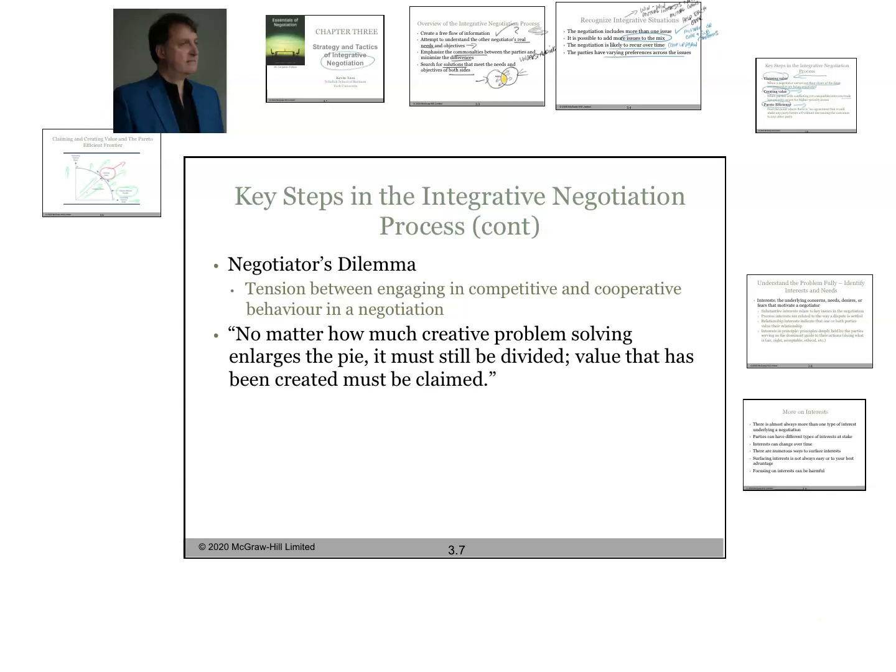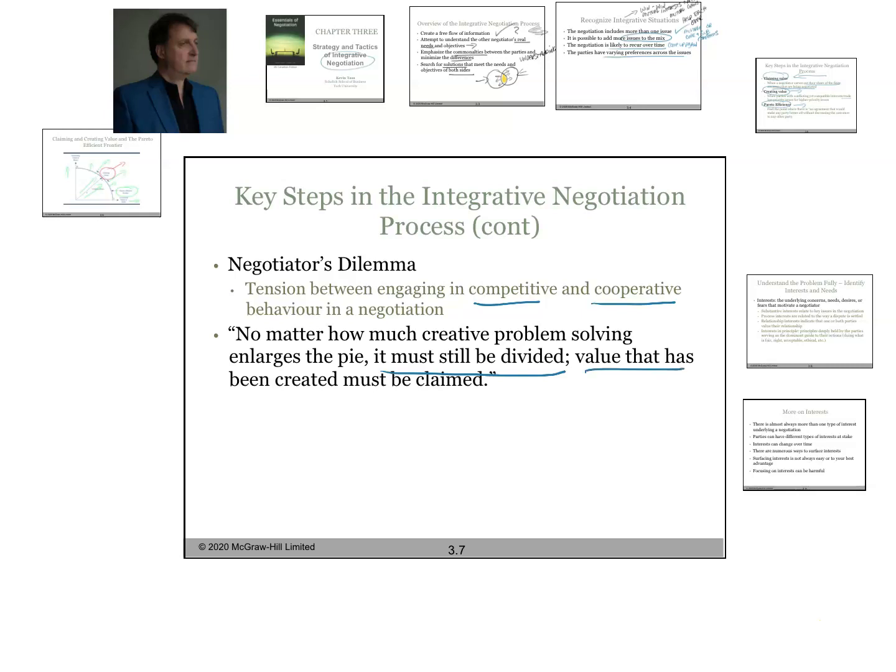And that is that there is a natural tension between the competitive and cooperative behaviors we utilize in a negotiation. It's said here that no matter how much creative problem solving enlarges the pie, it must still be divided. In other words, you might have a great creative conversation, but you have a job to do, and that is to make sure you get your needs met, and that means you have to take your part of that expanded pie. You can't just give it up.